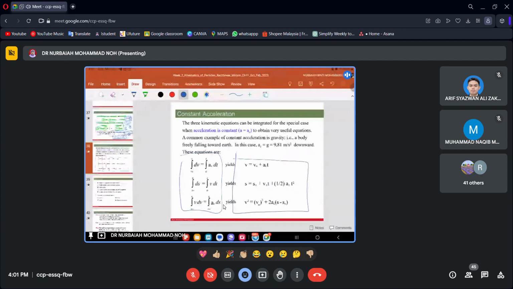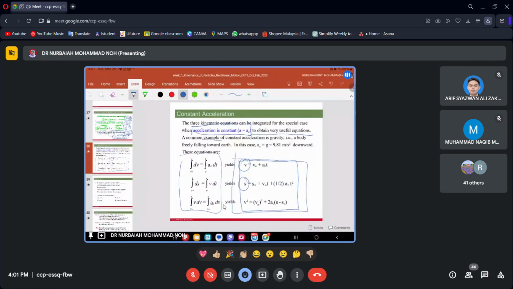Dia ada 3 kinematic equations. Ini adalah equations yang kita boleh guna pakai untuk dapatkan velocity and positions apabila a is constant. The 3 kinematic equations can be integrated for the special case when a is constant to obtain very useful equations.